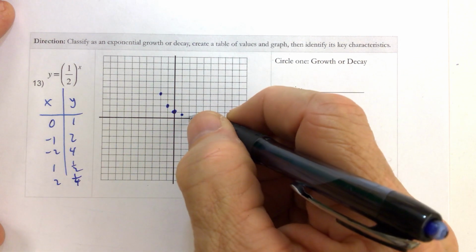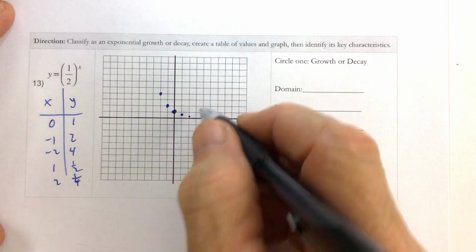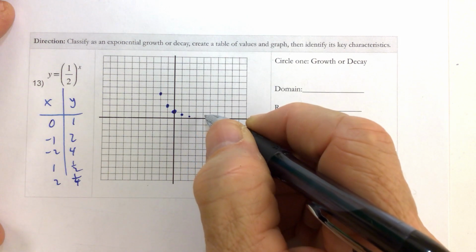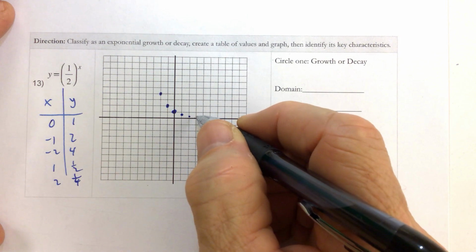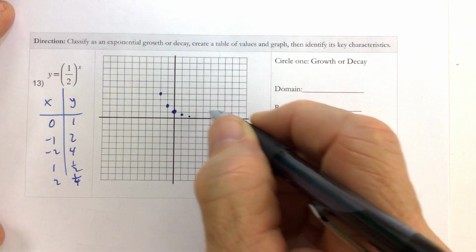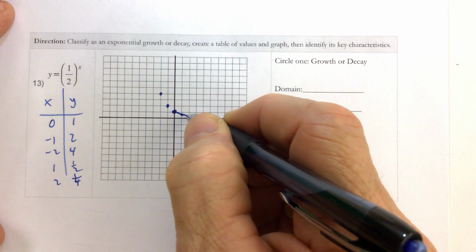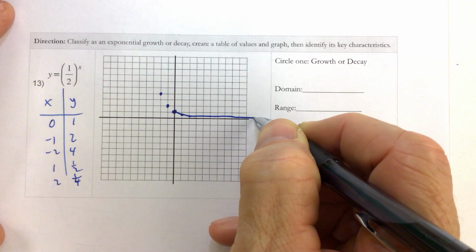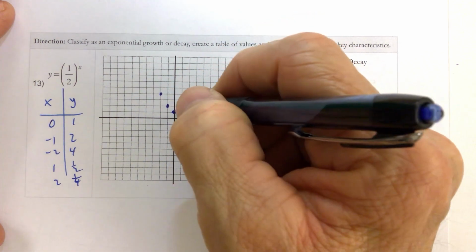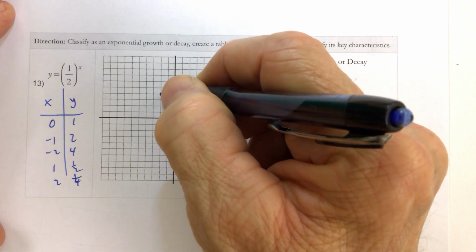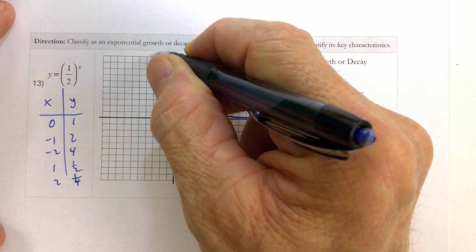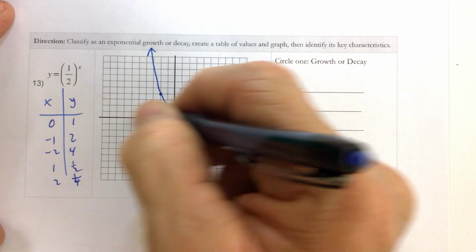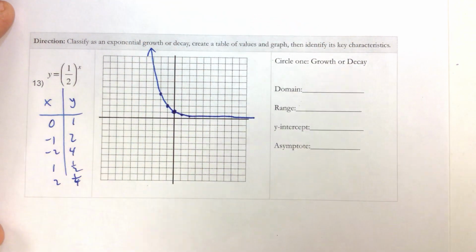If you plugged in 3, you'd get 1/8, and so on. As x gets bigger, the y coordinates get closer and closer to 0, and it's really hard to show that, trying to get there without hitting the x-axis. As x gets more negative, as x moves to the left, the y coordinates get higher and higher.